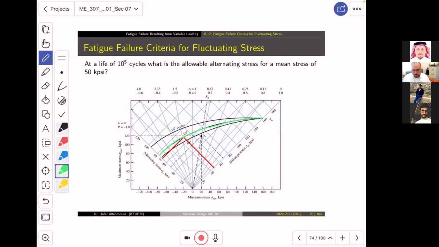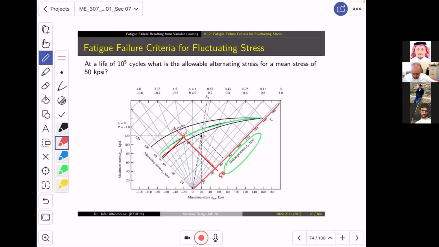Since the mid-range is on the inclined axis to the right and the alternating stress is on the left, I will go to the mid-range here. The question says 50 ksi, so I go to 50, and then draw a line until I intersect the life I wanted.